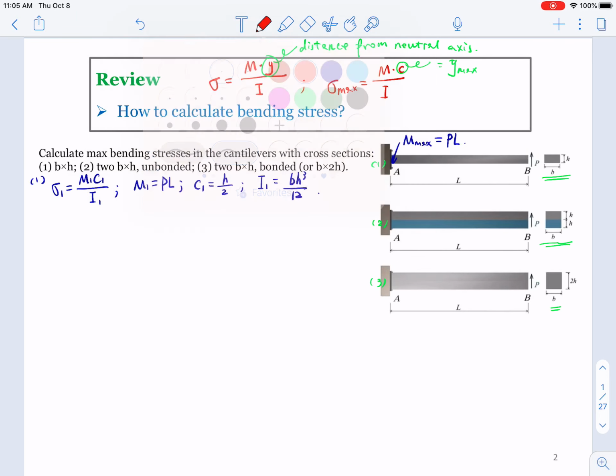So we can easily calculate the maximum bending stress in case 1. That would be PL times H over 2 over BH cubed over 12, which is 6PL over BH squared.